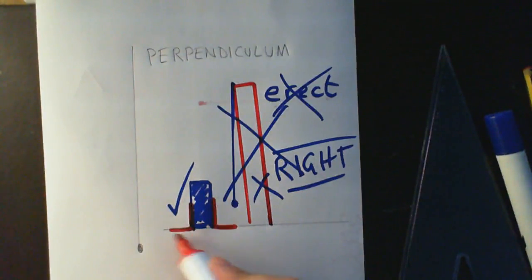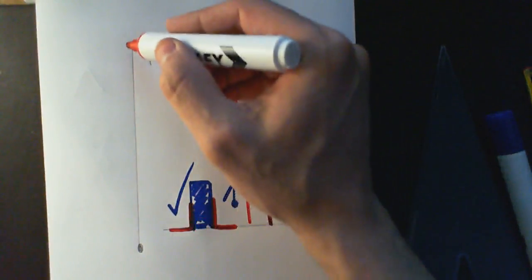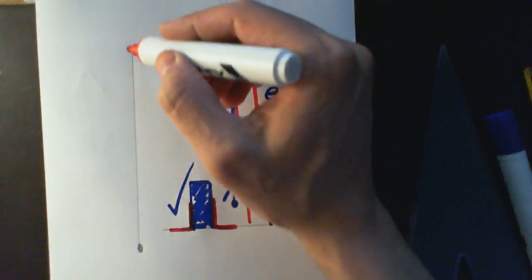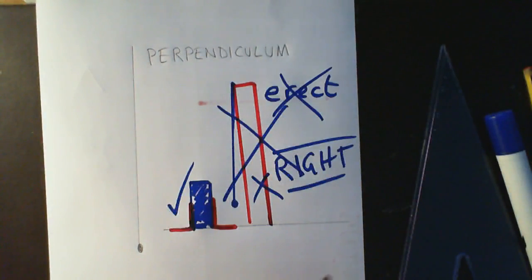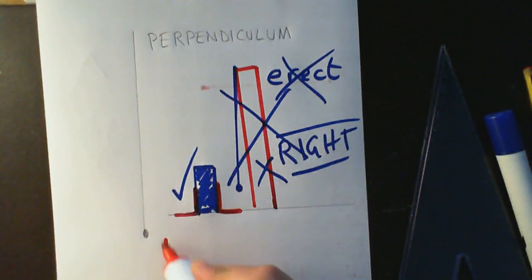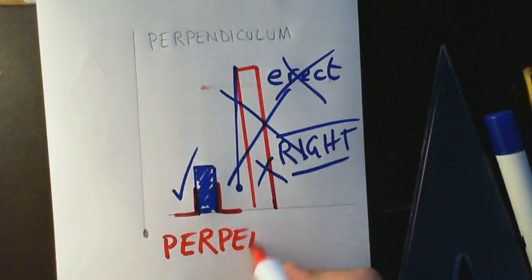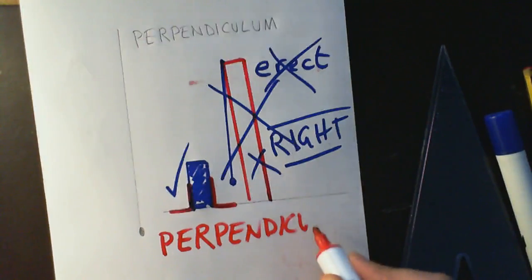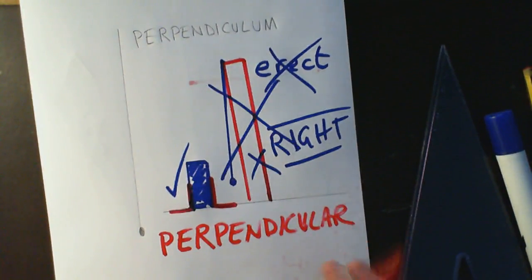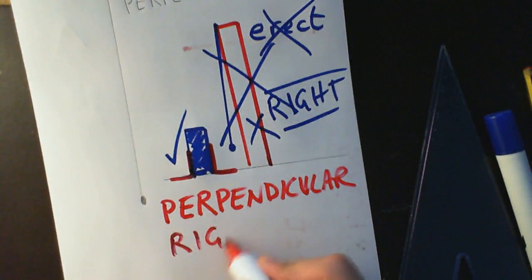Okay. The right angle is also perpendicular, because we can check that it's right by hanging down a perpendiculum in the real world. So this is a perpendicular wall. It's perpendicular, and it's also the right angle.